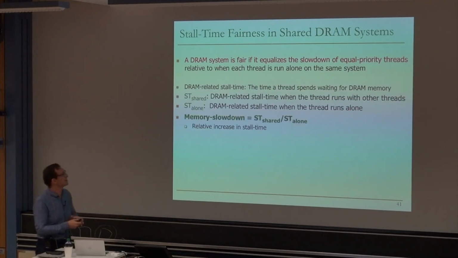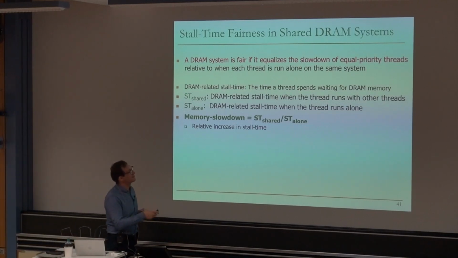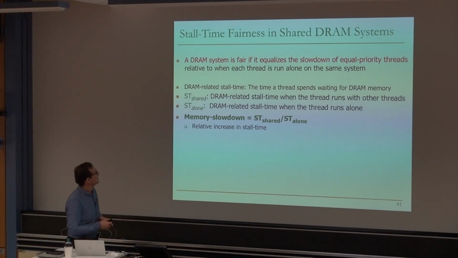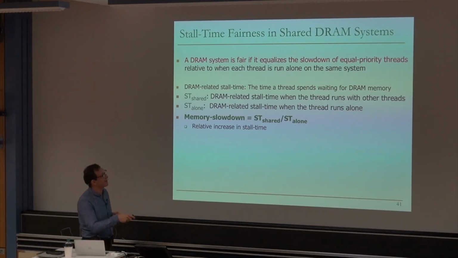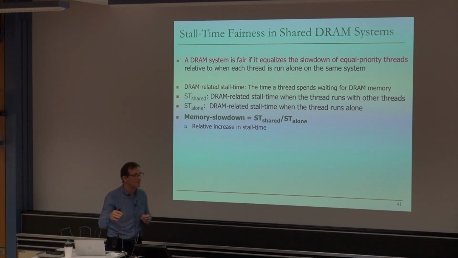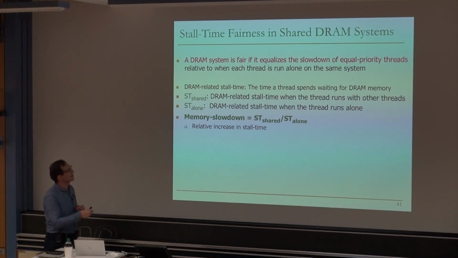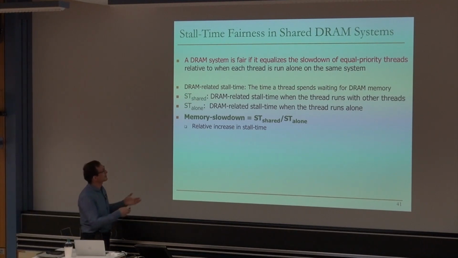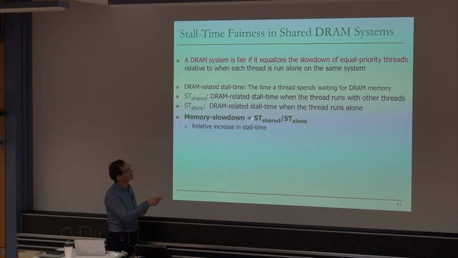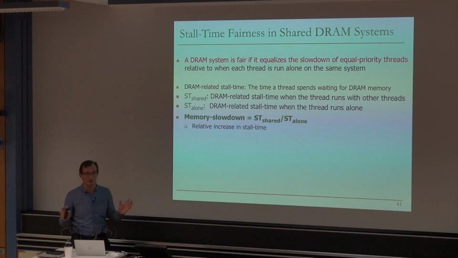So how do we do that? Basically, we define a DRAM-related stall time to be the time a thread spends waiting for DRAM memory. And there are two stall times. You have stall time shared. This is the thread's DRAM-related stall time when it runs together with other threads. And stall time alone. This is the thread's stall time when the thread runs alone on the same system. And the memory slowdown of a thread is defined as stall time shared divided by stall time alone.